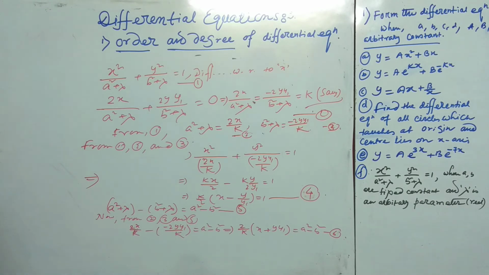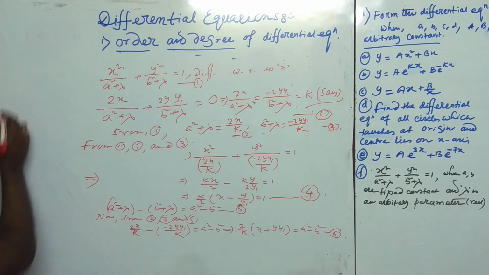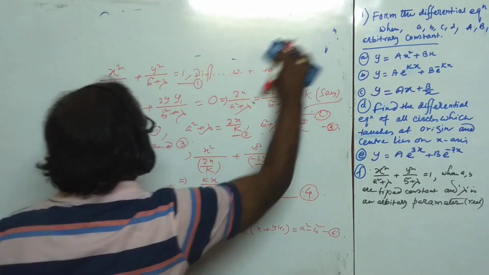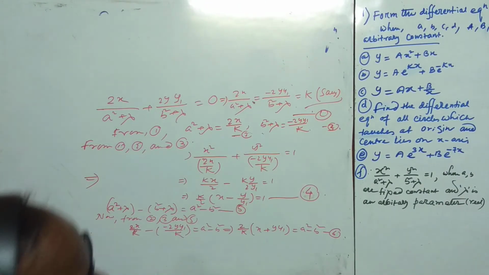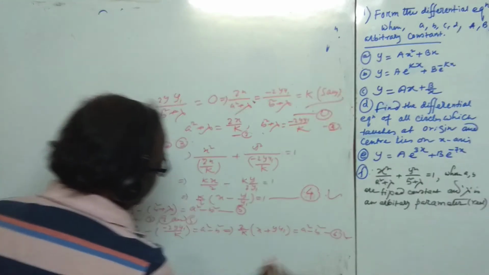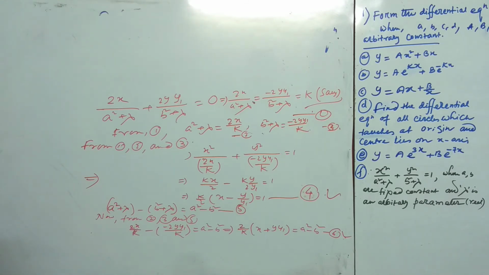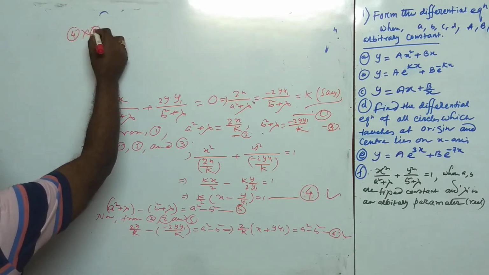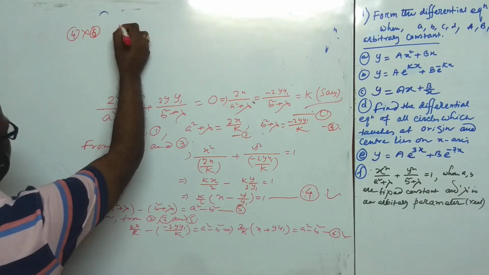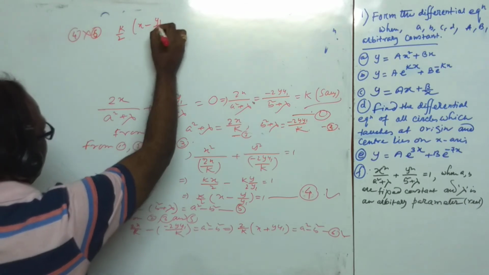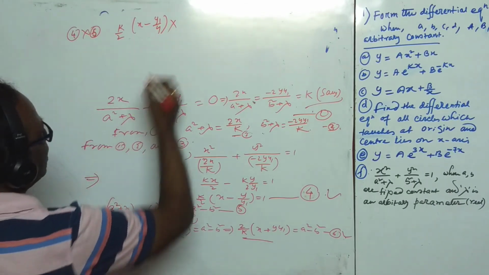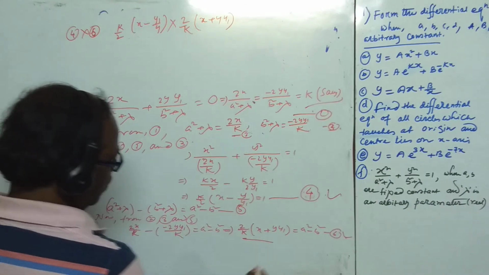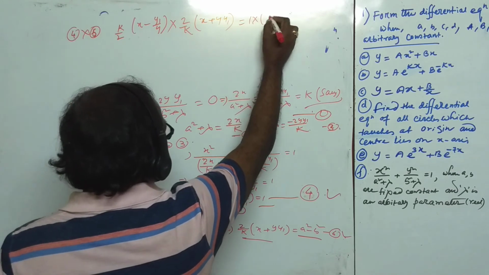Okay, multiply 4 and 6. Then you get the required solution. So 4 and 6: k by 2, x minus y by y1, and this is 6, 2 by k, that is x plus y y1, and this is equal to this into this, so this is 1 into a square minus b square.